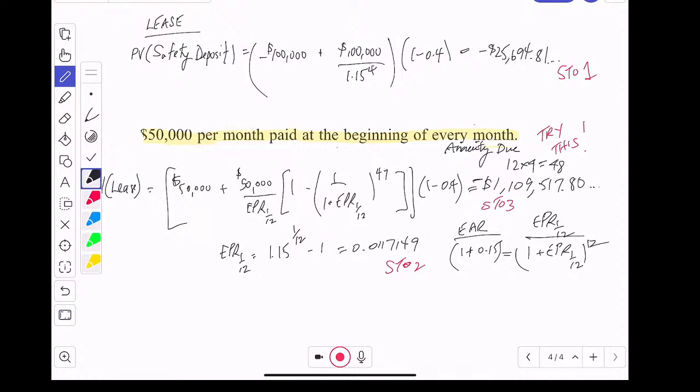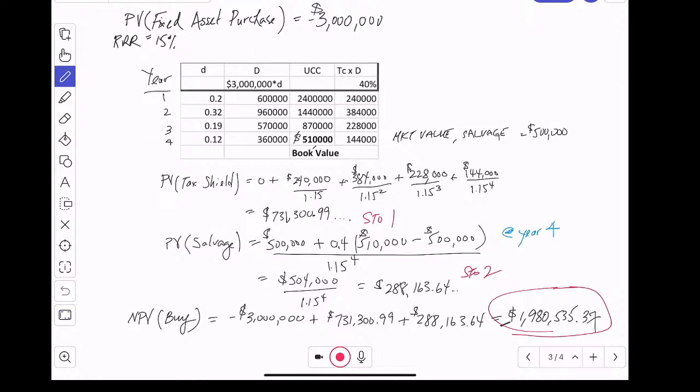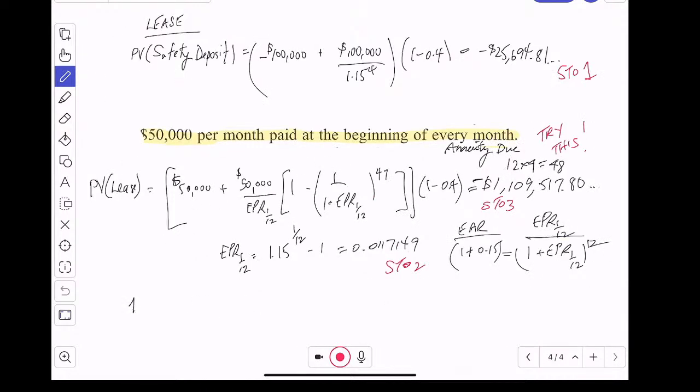So when you put together the NPV of the lease is equal to the present value of the safety deposit plus the present value of the lease.